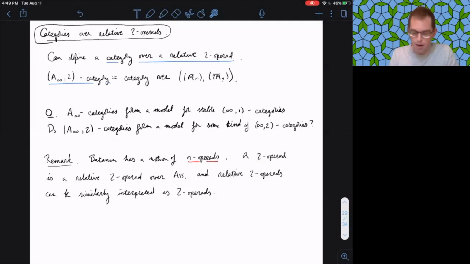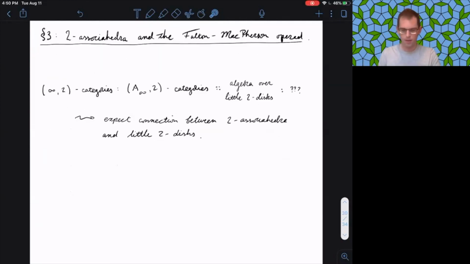Bottman's notion of a 2-operad is exactly a relative 2-operad where the underlying operad is the associative operad. And vice versa, in a more complicated way, I believe you can interpret relative 2-operads as certain 2-operads. Okay, great. So I'll move on to the next section, but let me pause for a minute for any questions.